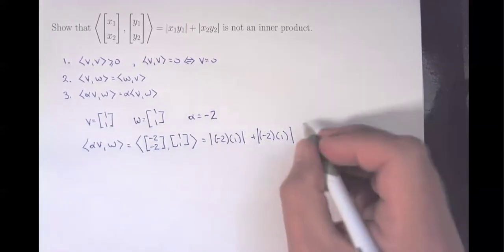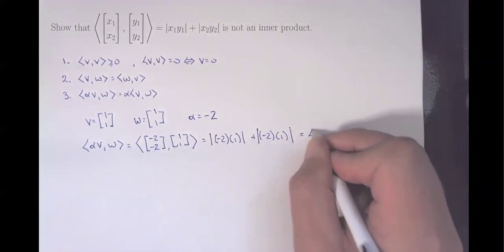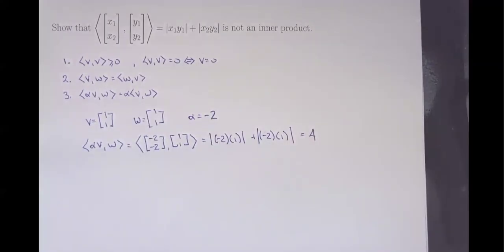So this gives us 2, this gives us 2. We end up with 4 as our inner product.